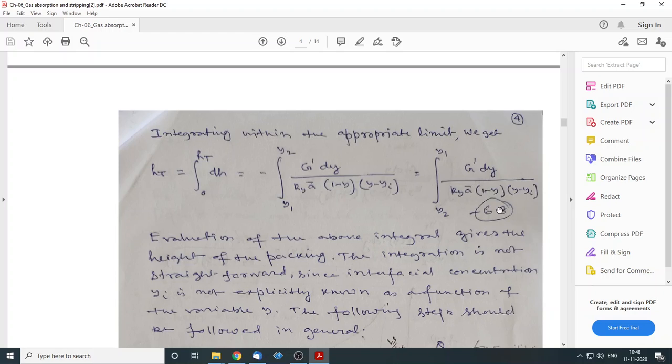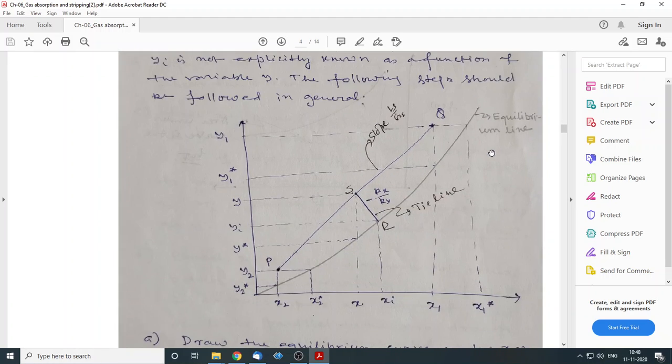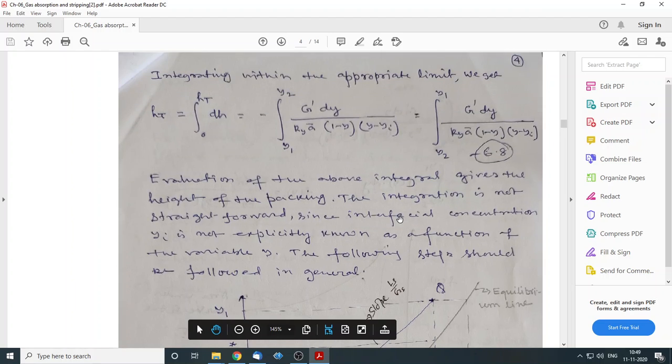Now, integrating this part is not so easy. Numerically, you start from y1 and go in steps of delta y to y2, but when you change y, yi also changes, because for a particular y value you take the slope minus kx by ky, which gives yi and xi.